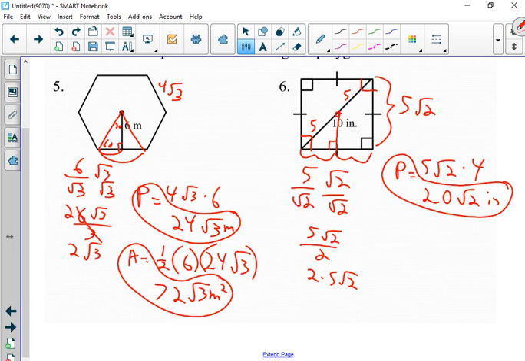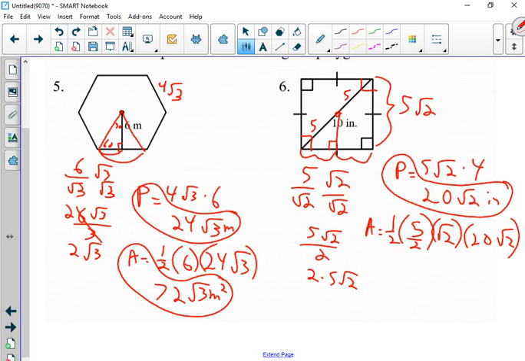And now our area is going to be 1/2 times 5/2 root 2 times 20 root 2. Okay? So again, we have our math here.